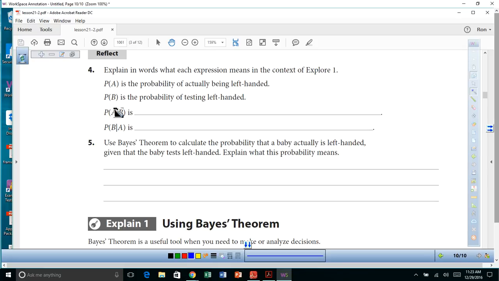Probability A given B is the probability of being left-handed if the baby tests left-handed.